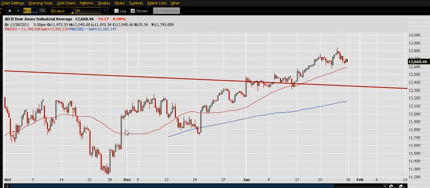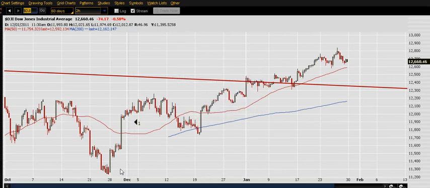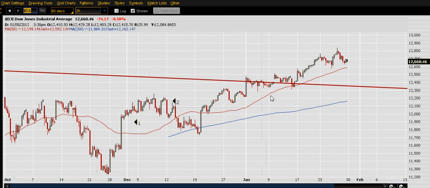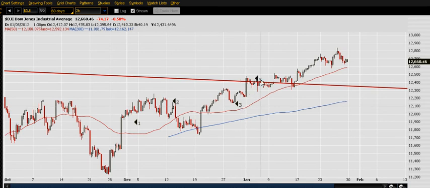So I called this wave 1. I called this wave 2. I called this wave 3. And I said this wave went all the way up to, let's see, 1 up, 2 up, 3 up. I said this wave went all the way up to right here. And then I said wave 5 started right here.